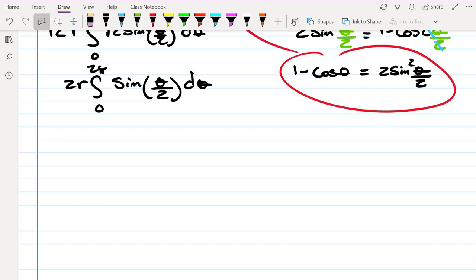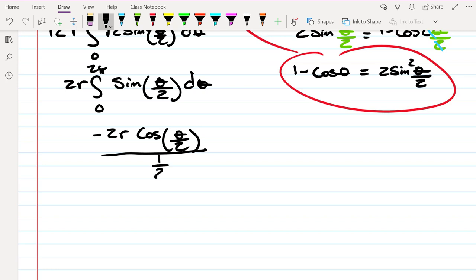So now finally, we're ready to take the antiderivative, and the antiderivative of sine is negative cosine. So we get negative 2r cosine theta over 2, but then I have to divide that by 1/2. So we end up with negative 4r cosine theta over 2 evaluated from 0 to 2 pi.